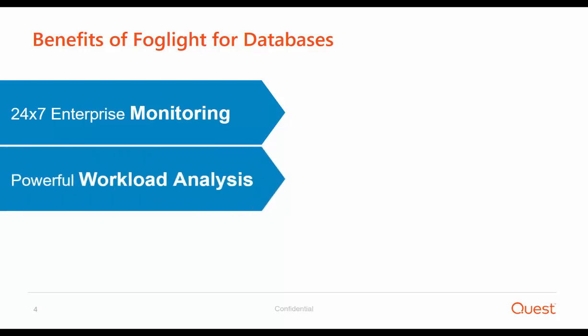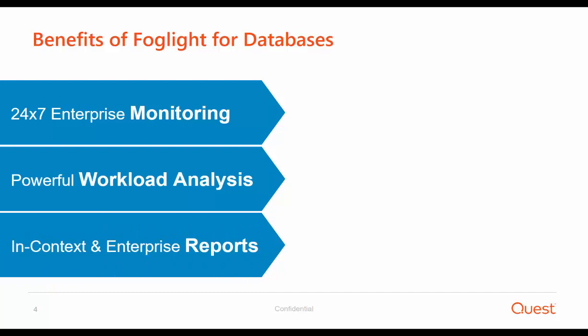It features deep resource monitoring capabilities with a powerful analysis toolset to quickly identify issues and proactively fix them before they become a real problem. This solution also offers a comprehensive set of in-context and enterprise reports.